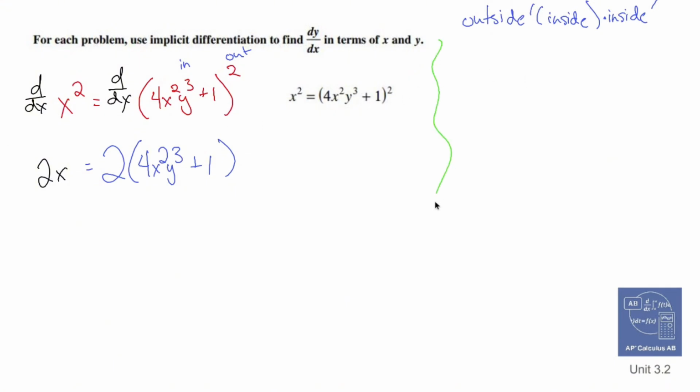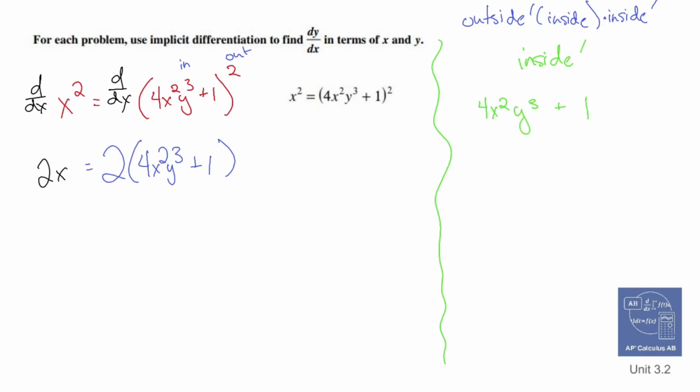So I'm going to create my own section over here to do the derivative of the inside stuff because it's not going to be pretty. All right, so this is going to be the derivative of the inside stuff. The inside stuff was 4x squared y cubed plus 1.